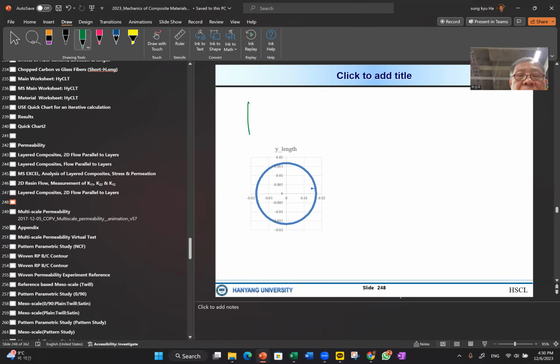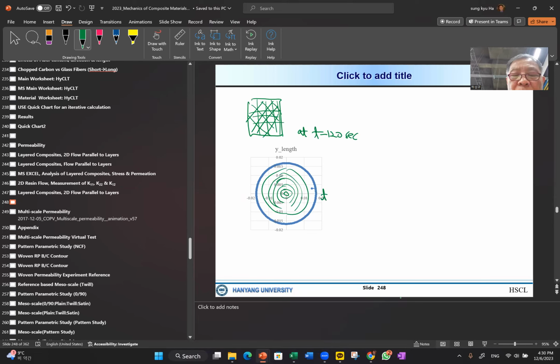First of all, the layup sequence is the 0, plus minus 45 quasi-isotropic, and at time equal 120 seconds, this resin flows, and at time equal 120 we reach this one.